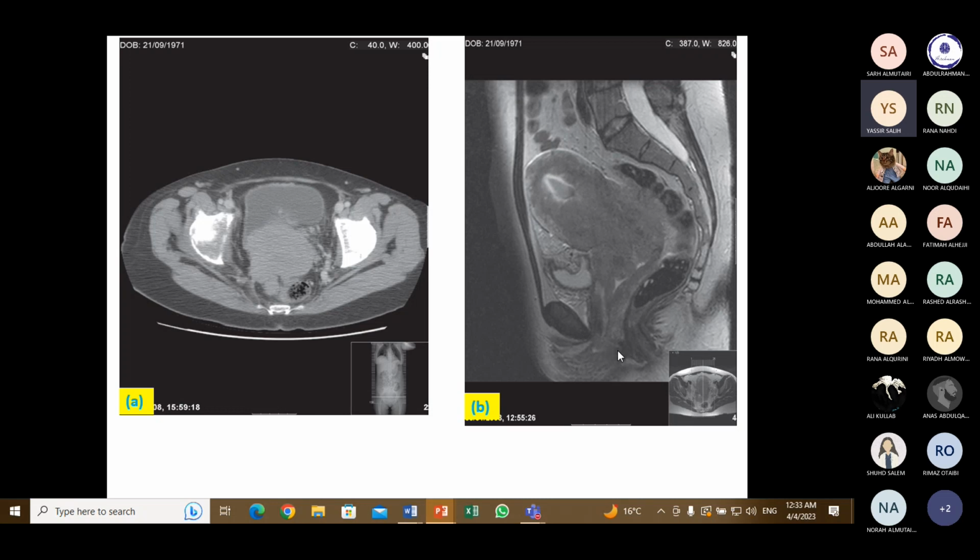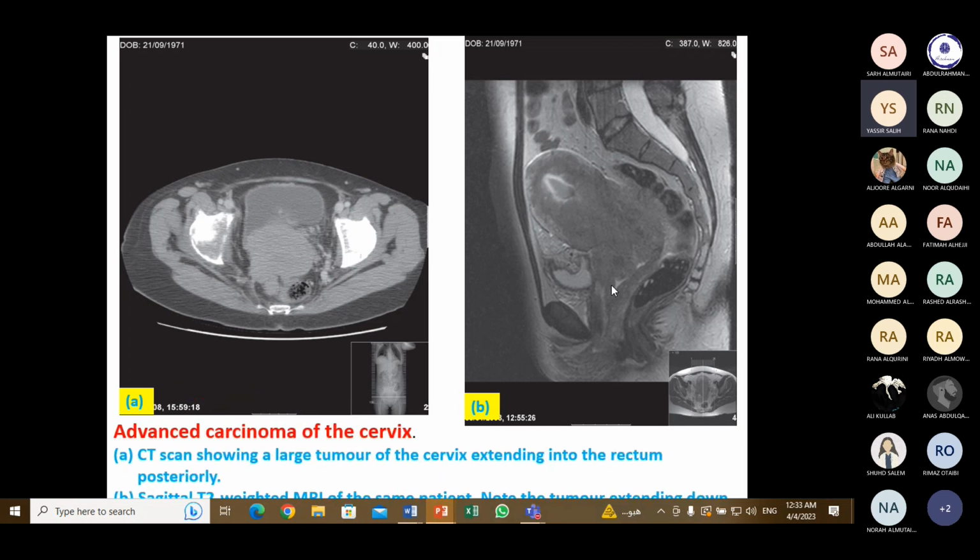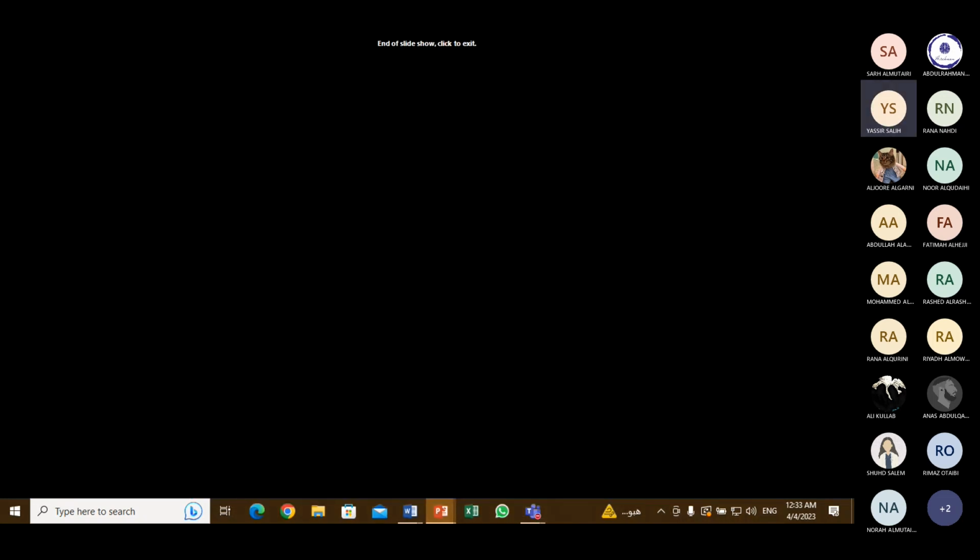It is not in the vagina, the vagina is here, but this is in the cervix, in the lower part, in the body and the cervix. This is advanced carcinoma of the cervix in this axial CT and coronal MRI.